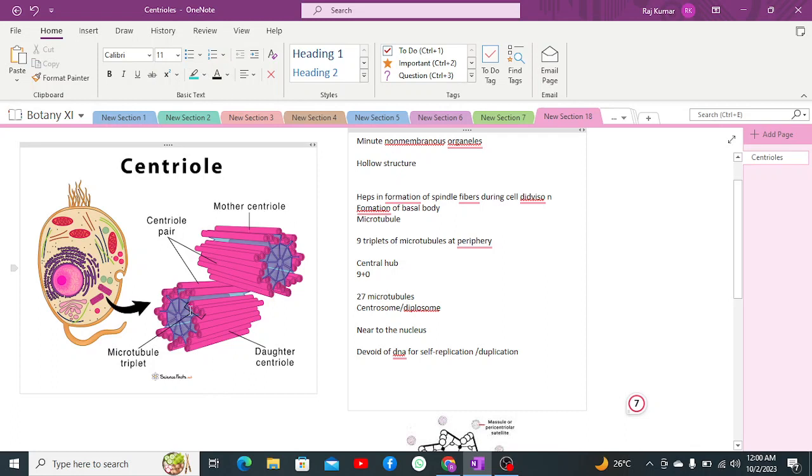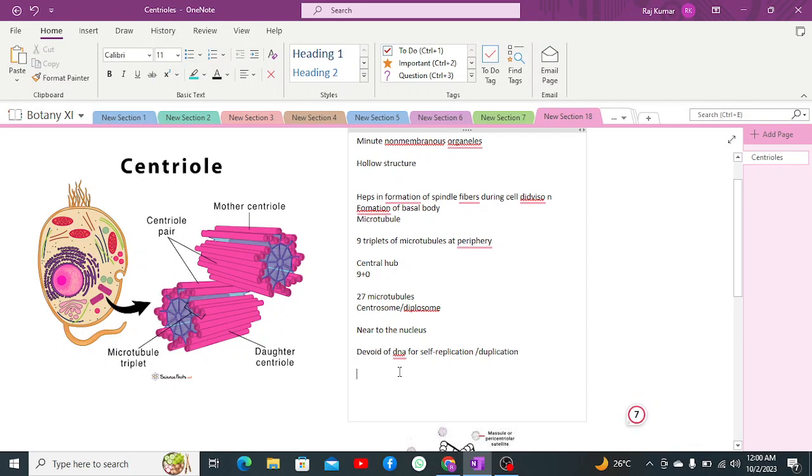These centrioles arranged perpendicular to each other duplicate themselves during S phase, so that a pair of centrioles produces another pair of centrioles, and both pairs are arranged near the nucleus.